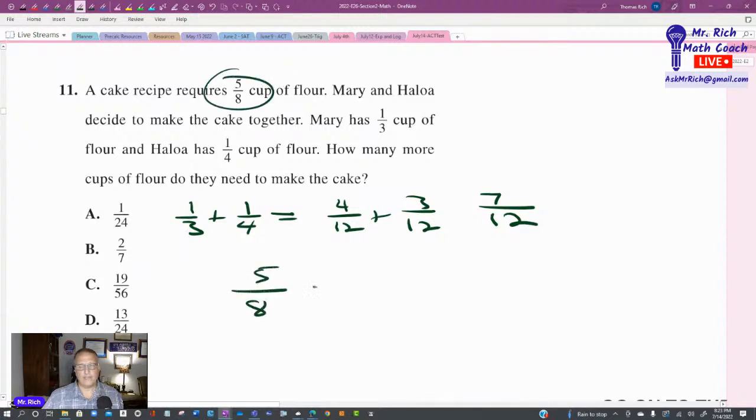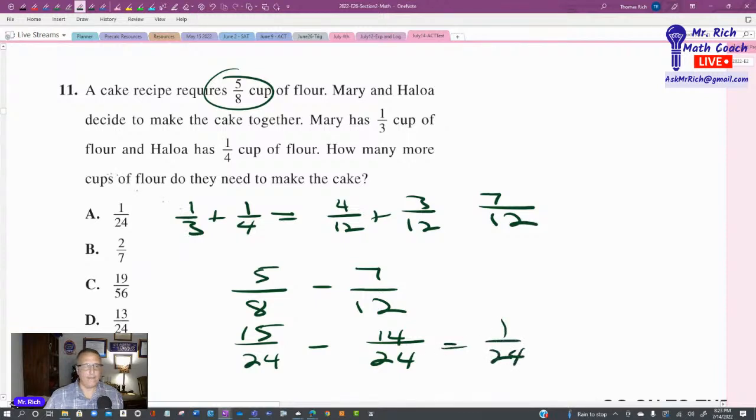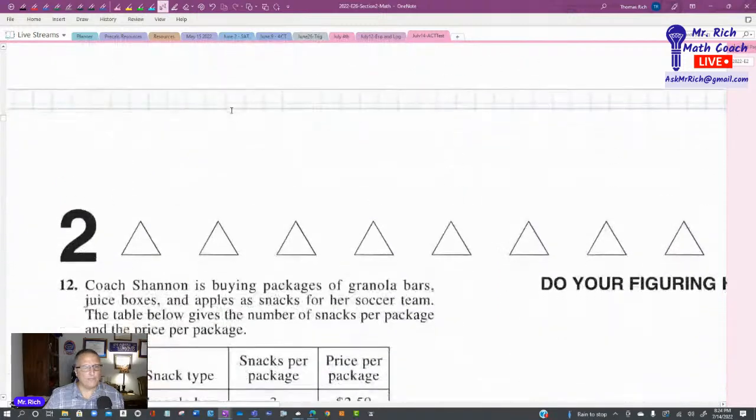So I need to take 5/8 minus 7/12. 24 is going to be my common denominator. This is going to be 15. That's going to be 14. So 1/24th, it looks like. Okay, I am going with that. I'm pretty confident that I did this right. Adding 1/3 and 1/4, 7/12. I had to take that away from 5/8, 15/24ths. 7/12 is 14/24ths. Okay, I like that answer.